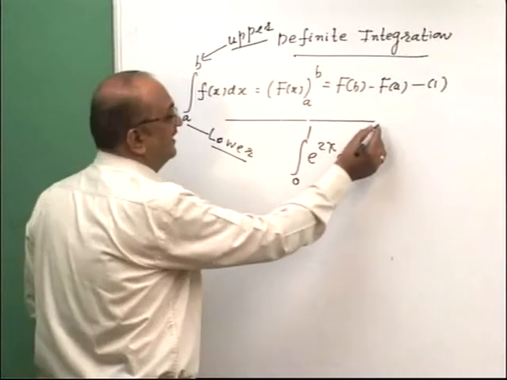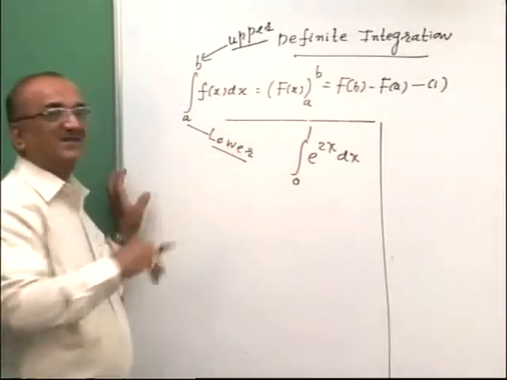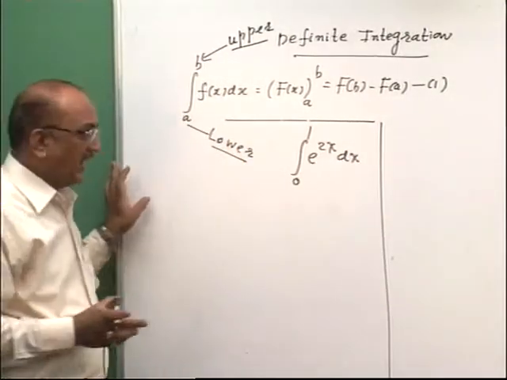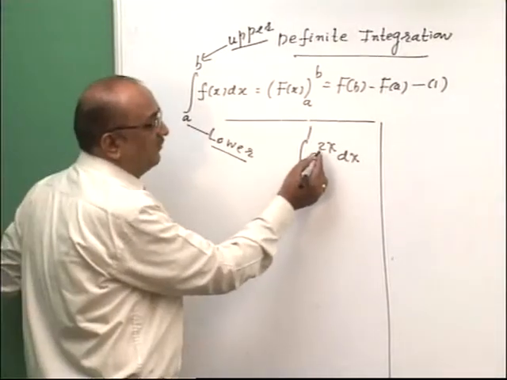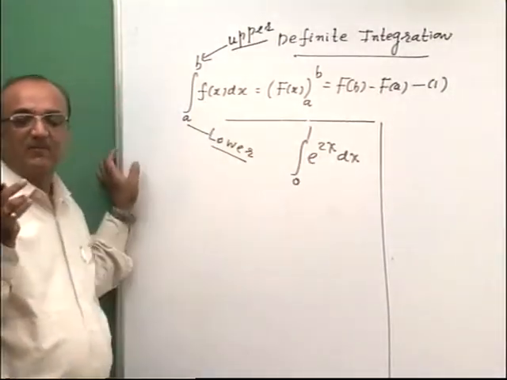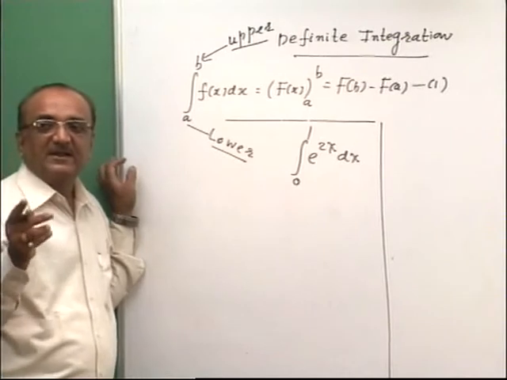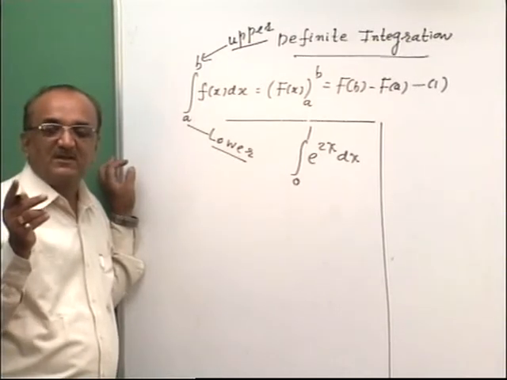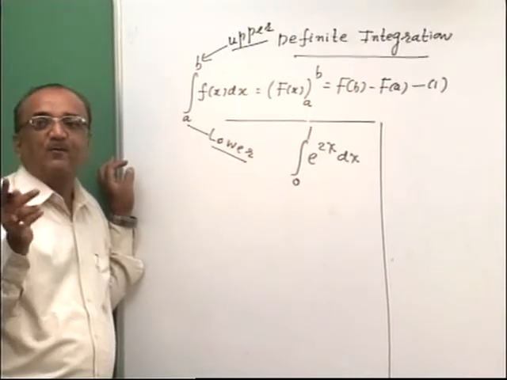This example basically depends upon the past chapter. I have given the formula for e raised to ax plus b. I gave the formula last time also: integration of f of ax plus b is equal to 1 upon a capital F of ax plus b.